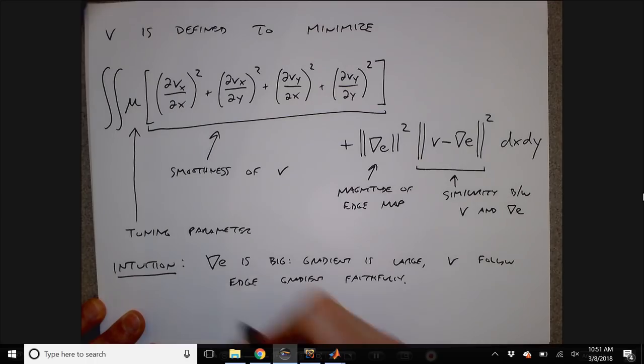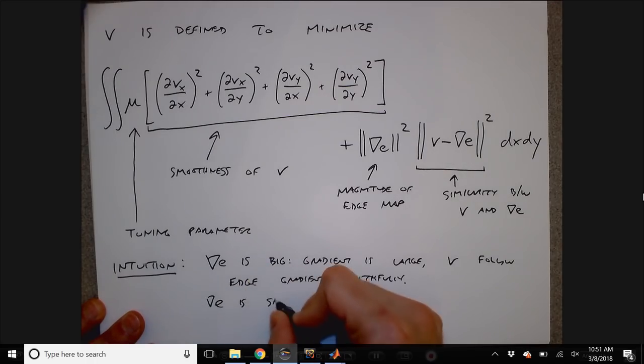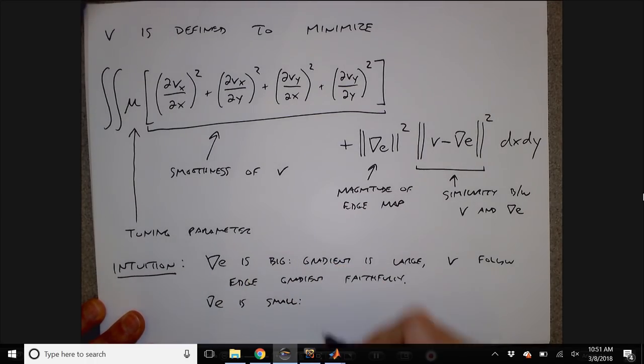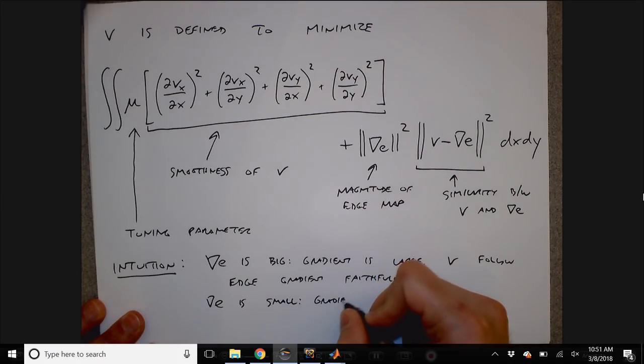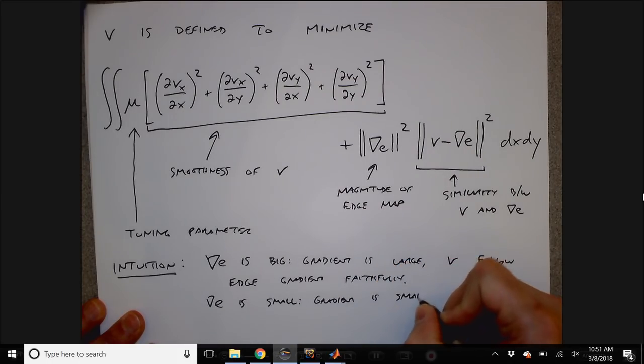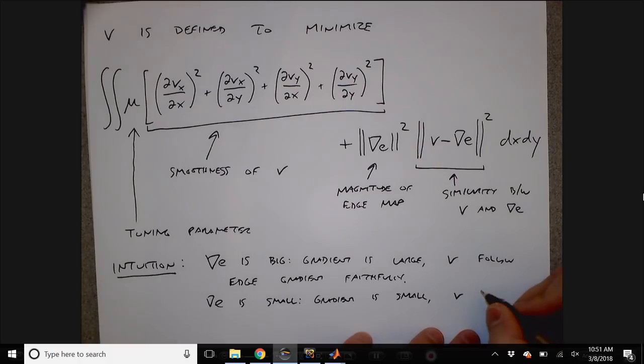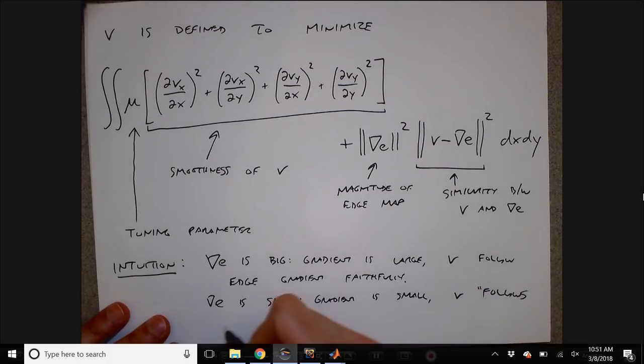If this is small, then the gradient is small, and V is just going to follow along to be as smooth as possible.